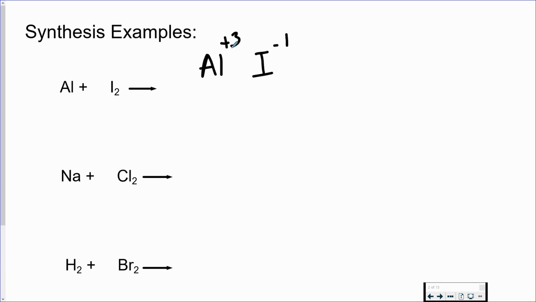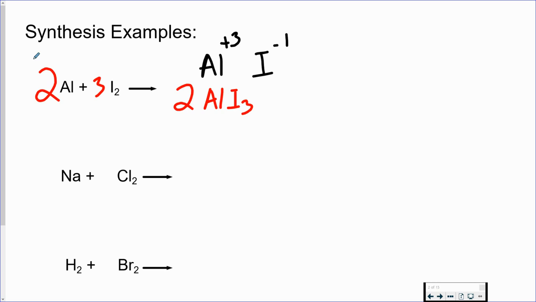So once you have the charges of our reactants, you're going to put them together, and you'll get AlI3. At this moment, we're going to worry about balancing. I noticed that the I's are off. So in order to balance the I's, I need a 2 here and a 3 here, and then that makes 2 aluminums. So I put a 2 here.